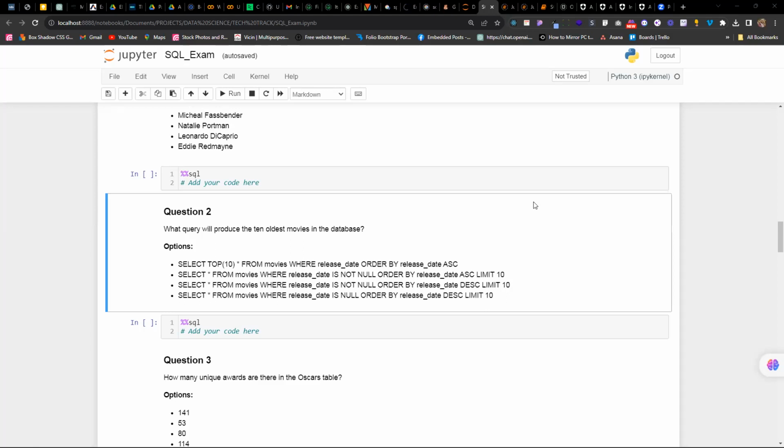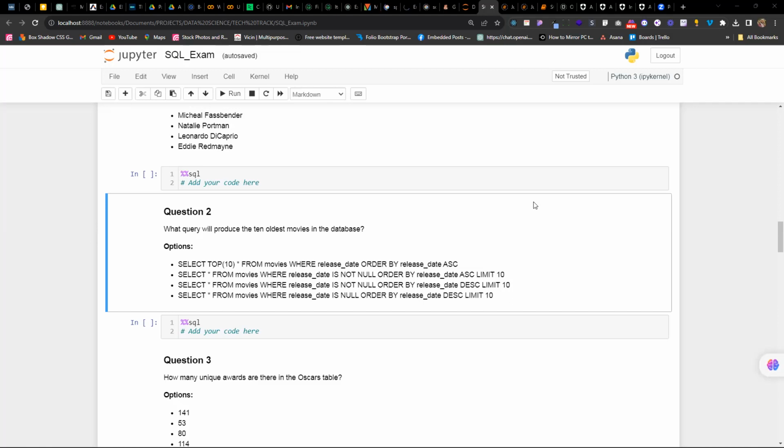Sorry, I stand to be corrected. So it should be ascending, not descending, right? That's if we're going by release dates. Because with descending, the latest dates would be on top, but with ascending, the earliest dates would be on top.